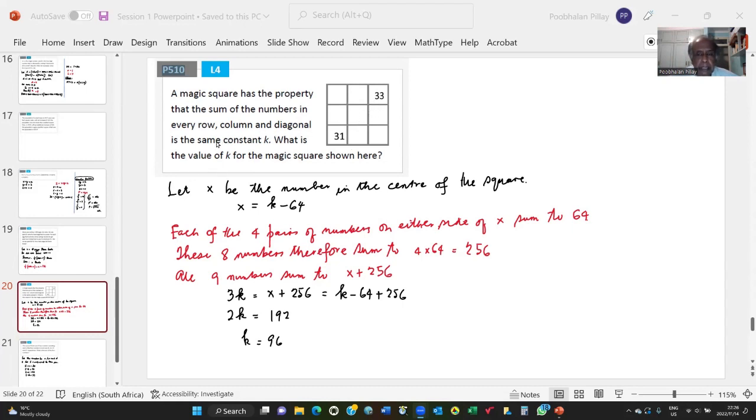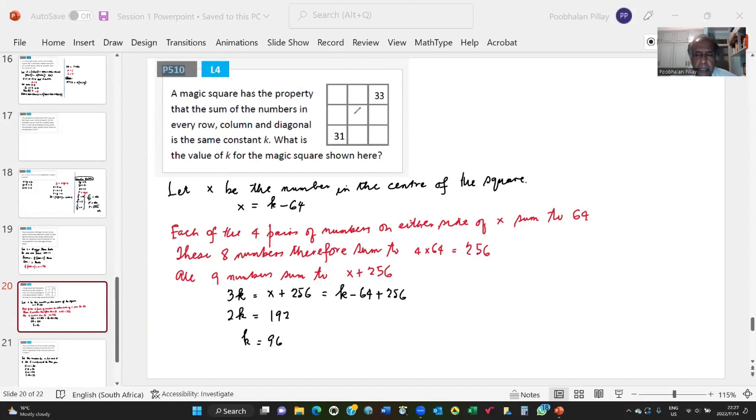And they say that answer is K. So when you add these 3 up, for instance, you're going to get K. So what does that mean?